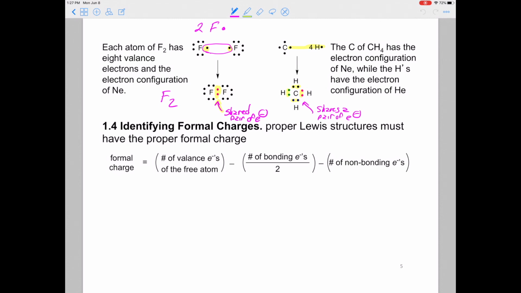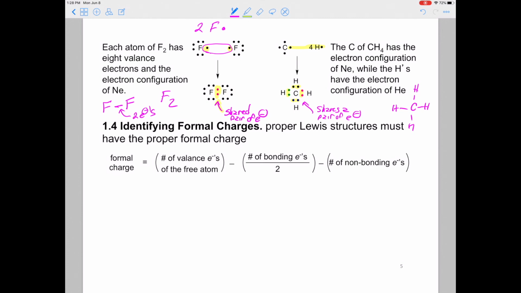The other important part of the shorthand is that bonds are represented by a line between the 2 atoms. So this would be the representation of the F2 molecule, and that line represents 2 electrons. Methane would be drawn as such, where there is a line representing 2 electrons between the carbon and each of the 4 hydrogen atoms.